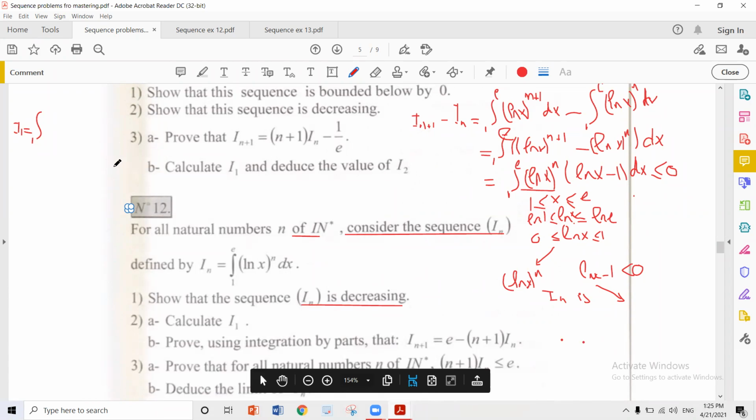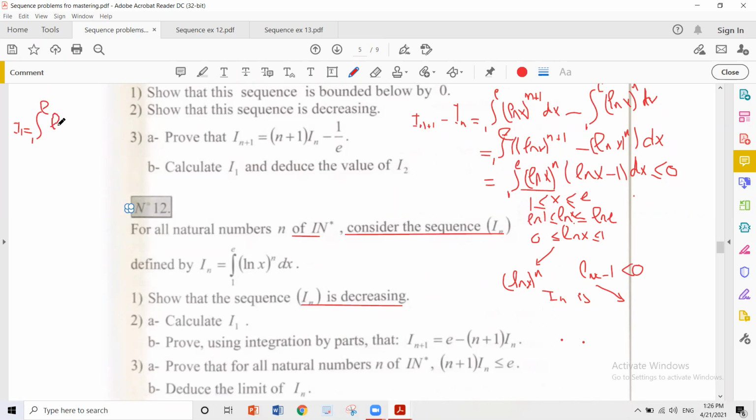Okay, we need to calculate I1. I1 equals the integral from 1 to e of (ln x) power 1 dx. How to calculate this integral of ln x? What is the integral of ln x? By parts.